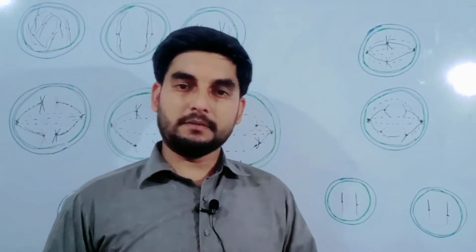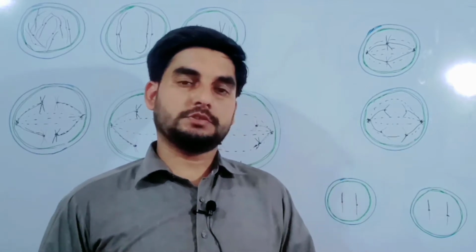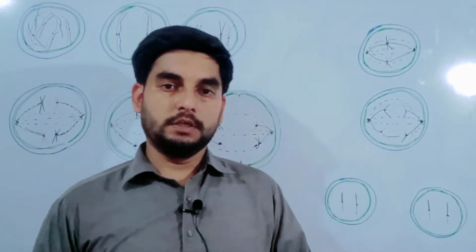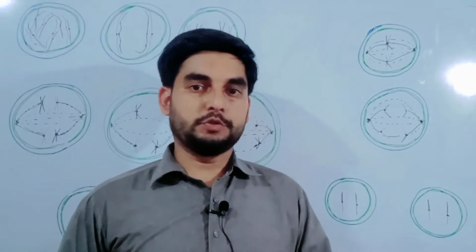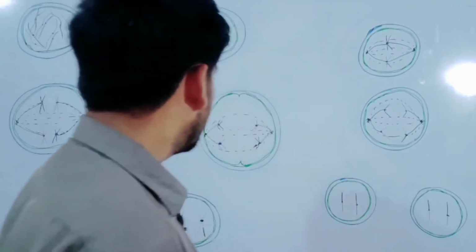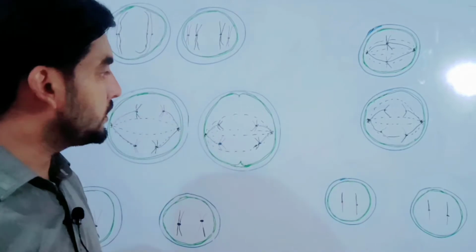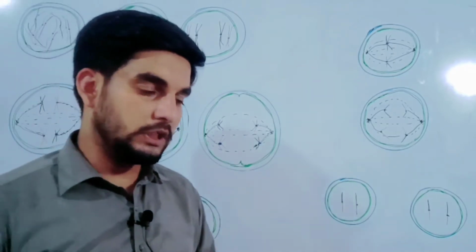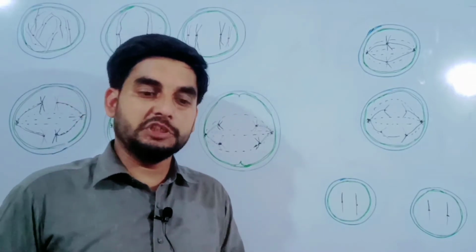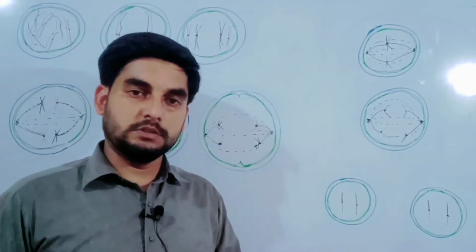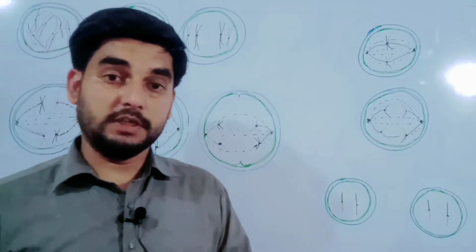Before starting gametogenesis, it's necessary to understand meiosis, which occurs in the process of gametogenesis. Meiosis is a division of cells which is called reduction division.